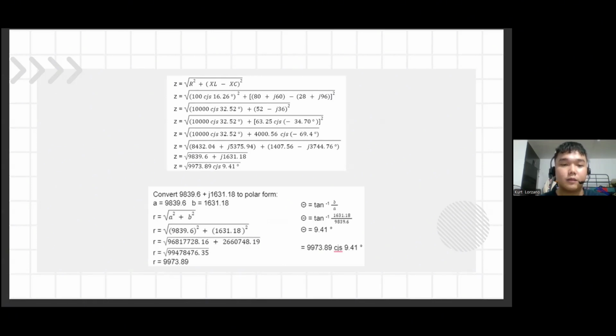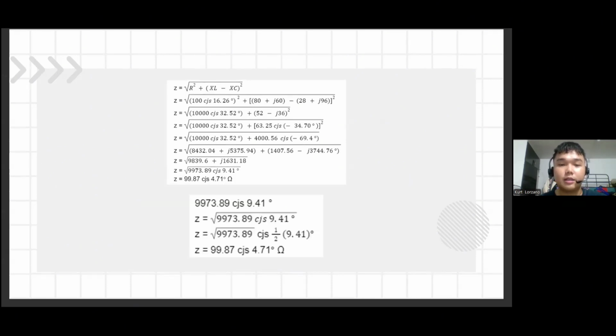First, to solve for the modulus, just use r equals square root of a squared plus b squared. Using this formula, we have the answer of 9,973.89. For the argument, we use theta equals arctan b over a to have the answer of 9.41 degrees. Combining them, we produce 9,973.89 cis 9.41 degrees.